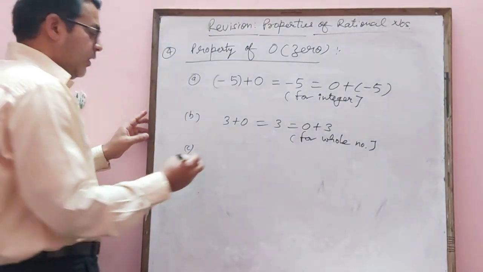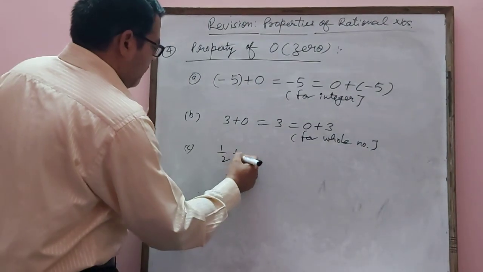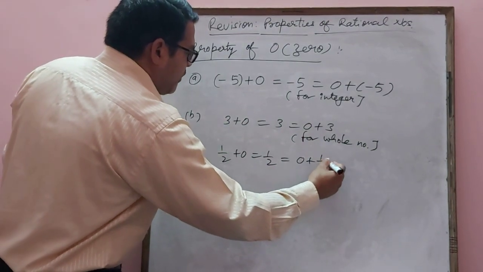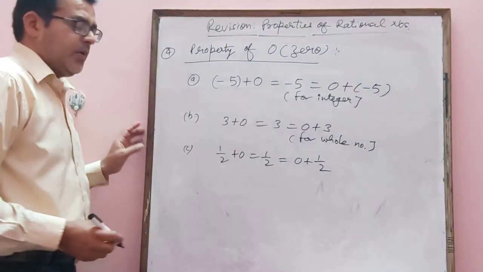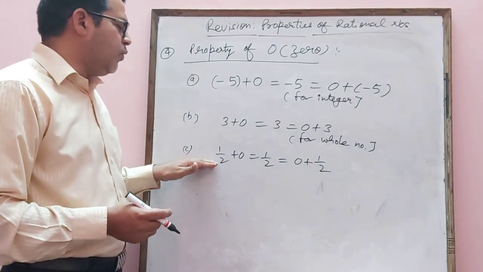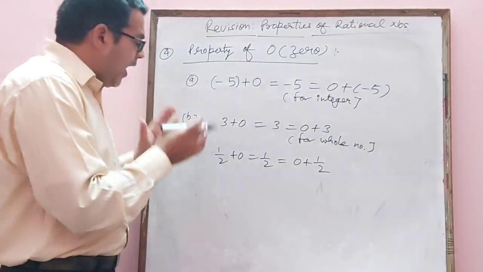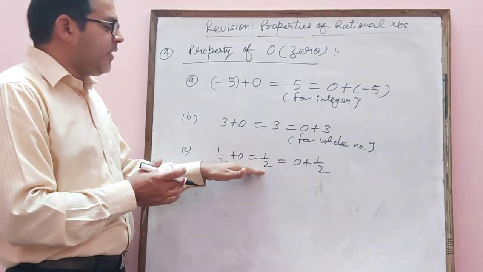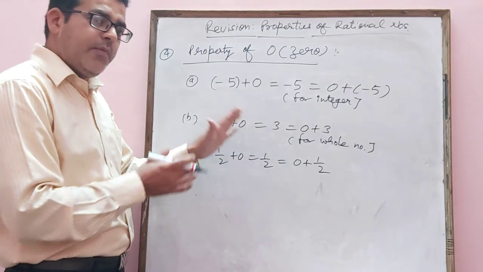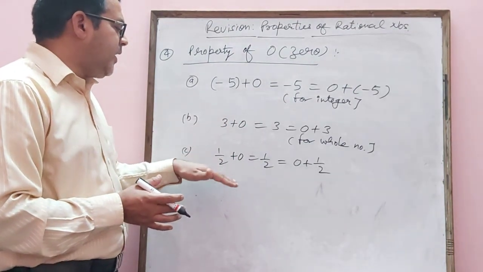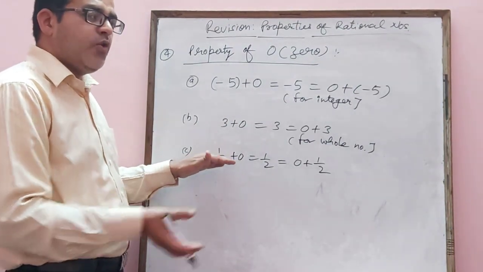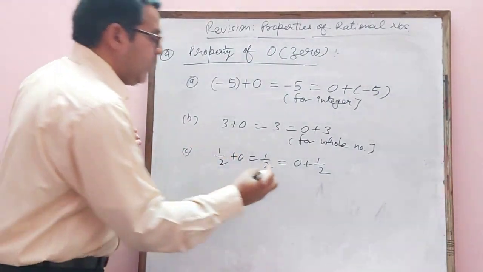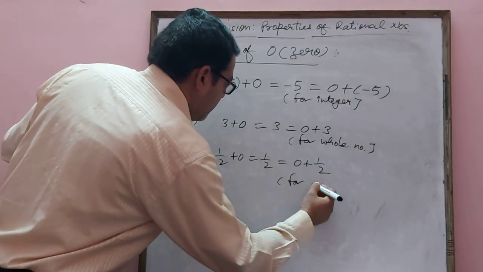One more case we discuss here: now I am taking 1 by 2 as a rational number. If we add 0 to a rational number, again the result is unaffected. We have 1 by 2 only, whether we are adding 1 by 2 to 0 or 0 to 1 by 2. This is for rational numbers.